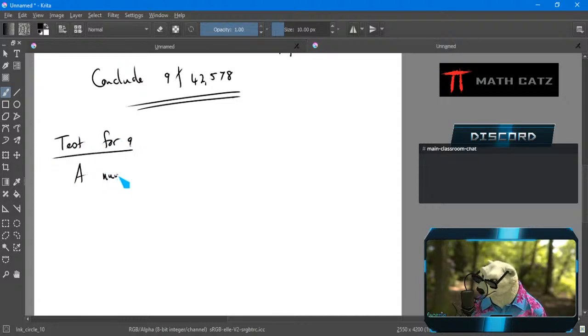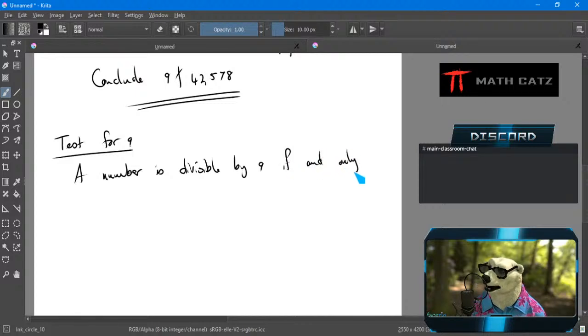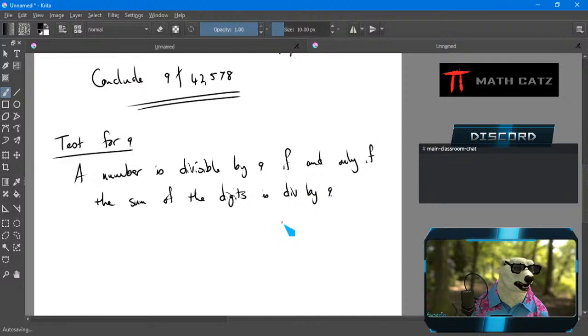A number is divisible by 9 if and only if the sum of the digits is divisible by 9. So exactly the same phrasing, but it is in relation to 9, not 3.